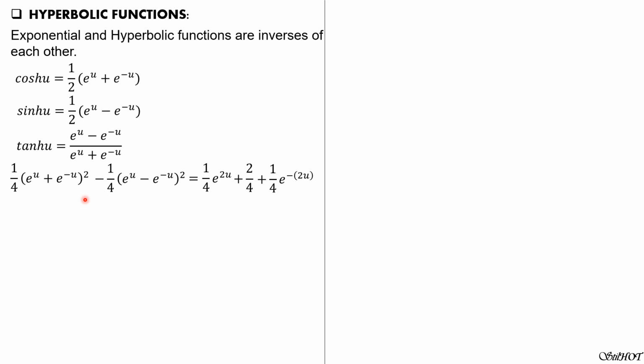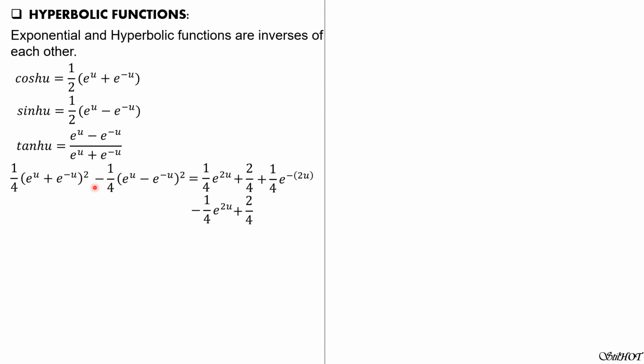Then we have to subtract. So we have minus 1/4 of e to the 2u. The middle term is negative 2 e to the 0, or simply 2, negative 2 times negative 1/4, so positive 2 over 4.